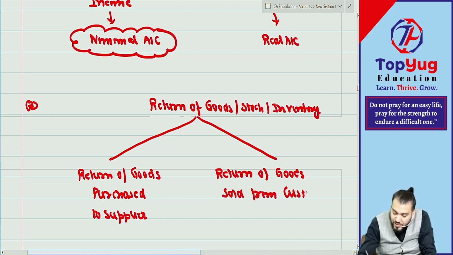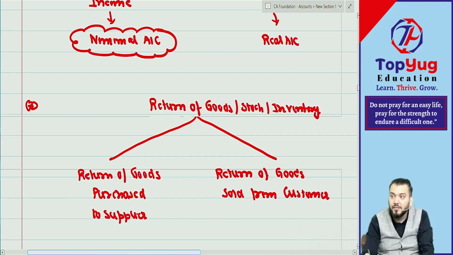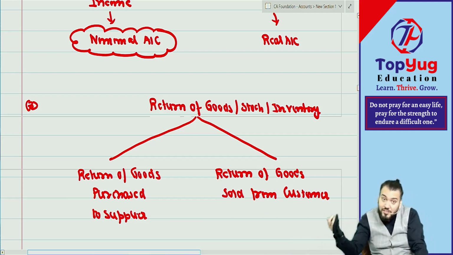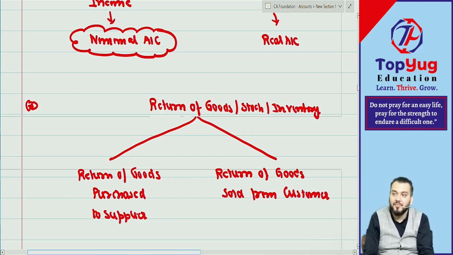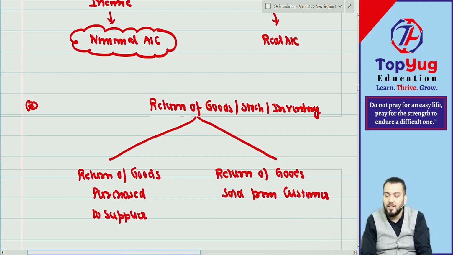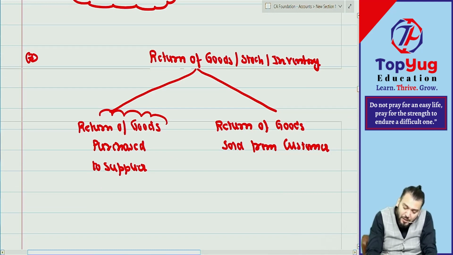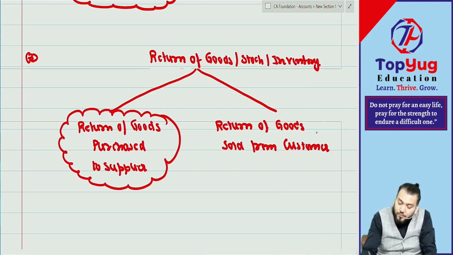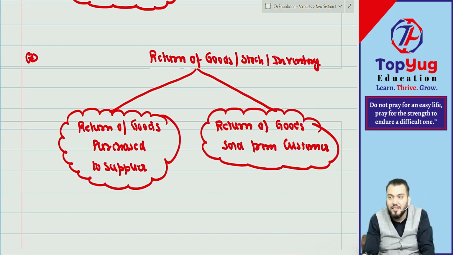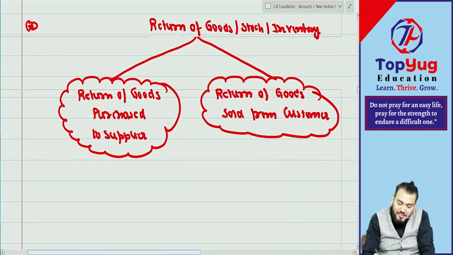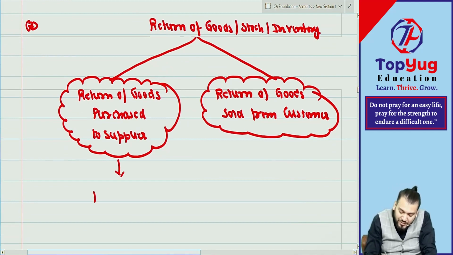From our customer. Means we have sold it, now the customer has returned it to us. Understood? Correct. Means, can I say, for this we have already opened which account? Purchase account. For this we have already opened what? Sales account. Understood?